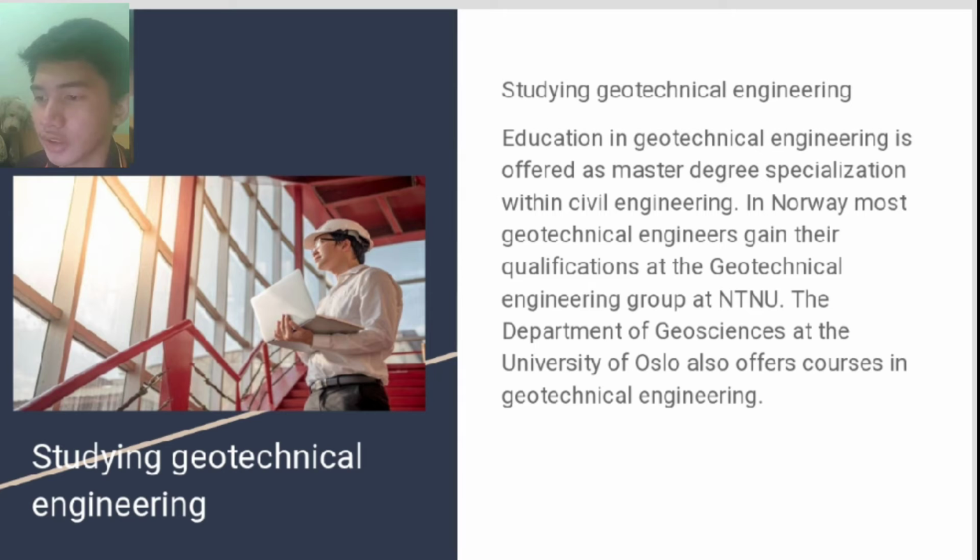Bale, ang Geotechnical Engineering Group sa NTNU has focused on computational geotechnics complemented by extensive field work and advanced testing of geomaterials. Nagre-research sila para sa safe, environmentally sound, and cost-effective solution for the built-in structure.